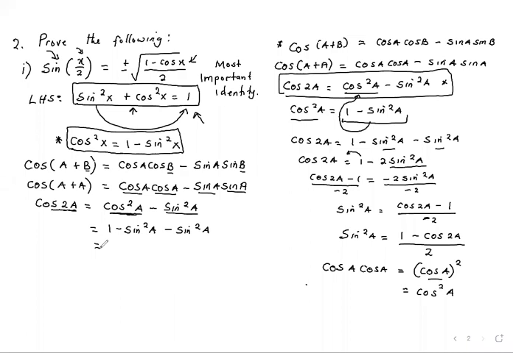If you look at this, it's the same as this one. So you can add them, we get 2 sine squared A. But this is the same as cos 2A. So let's switch. Let's take this to the other side, and this other one to the other side, so that we have 2 sine squared A is equal to 1 minus cos 2A.